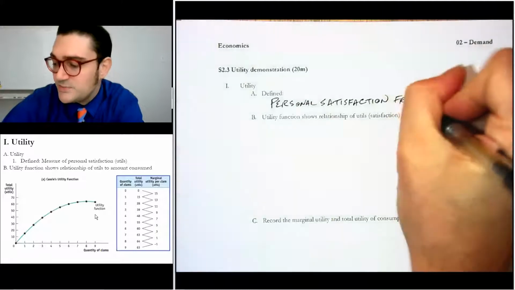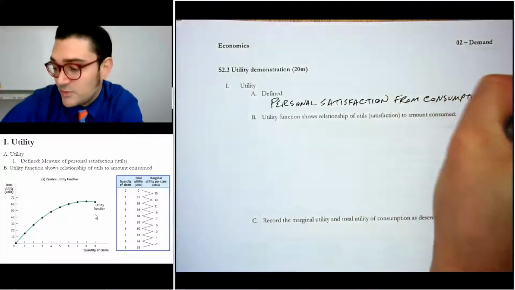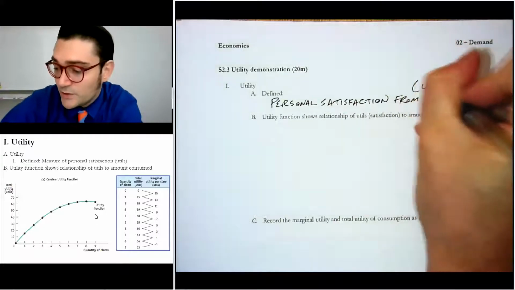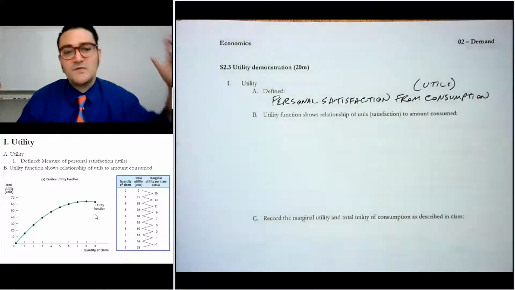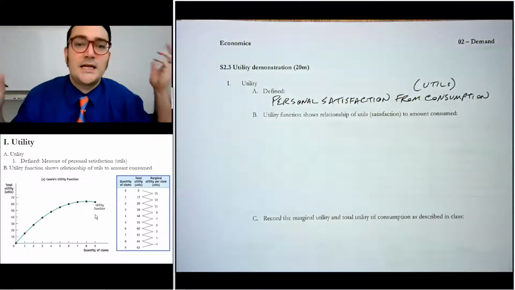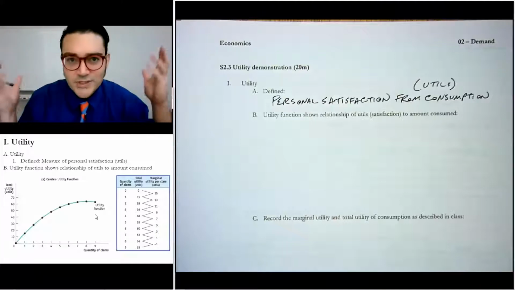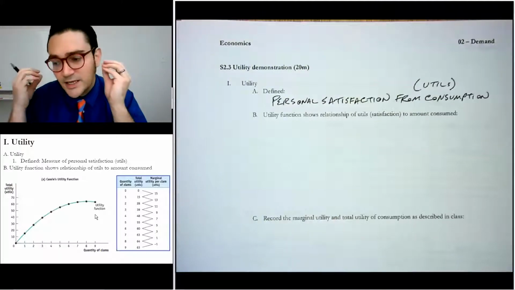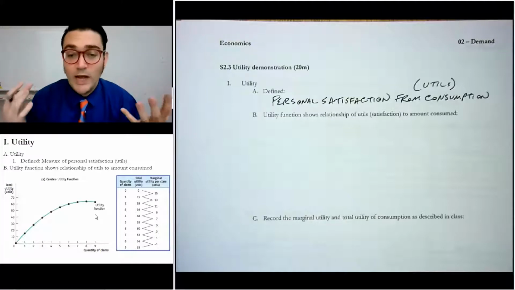Sometimes we can quantify it, and the unit is actually a util. We'd say, I got 12 utils, which is basically saying I got a lot of enjoyment. There isn't a conversion ratio of utils to anything in reality. It's just a philosophical abstraction that allows us to think about consumption in a useful way.